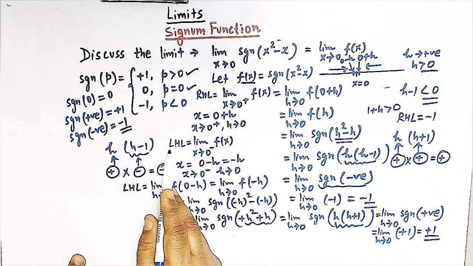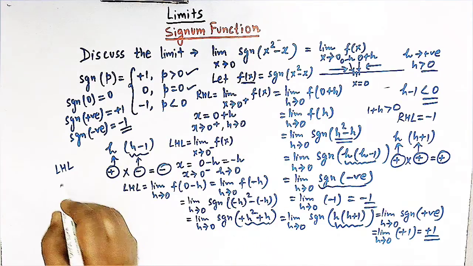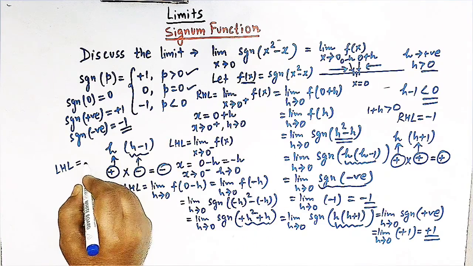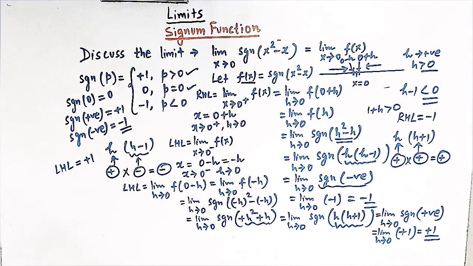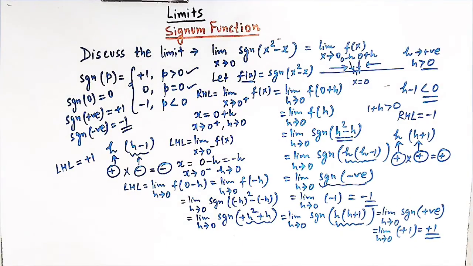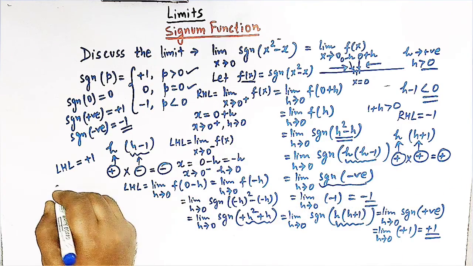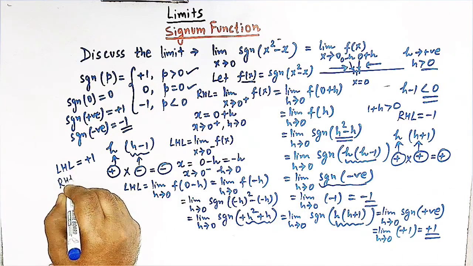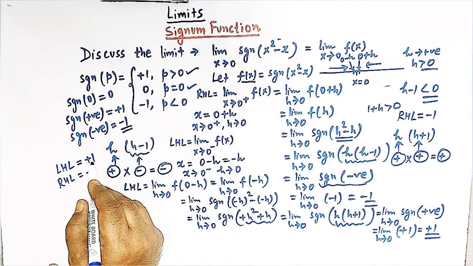So the left hand limit of this function f of x is equal to plus 1 when x approaches 0. So from this discussion, we have seen that the right hand limit is equal to minus 1 and the left hand limit is equal to plus 1.